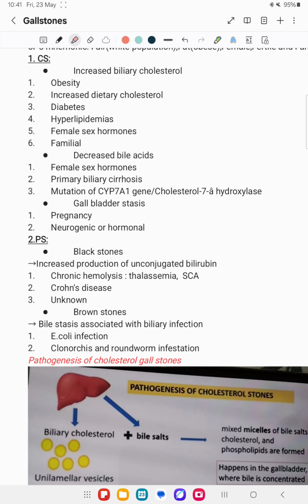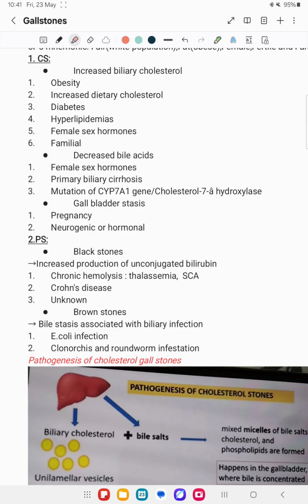Okay. What are the risk factors for pigment stones? First we see black stones, then we see brown stones. For black stones, there is increased production of unconjugated bilirubin. If there is increased production of unconjugated bilirubin, it will lead to the formation of black stones. In what cases do we see increased production of unconjugated bilirubin?